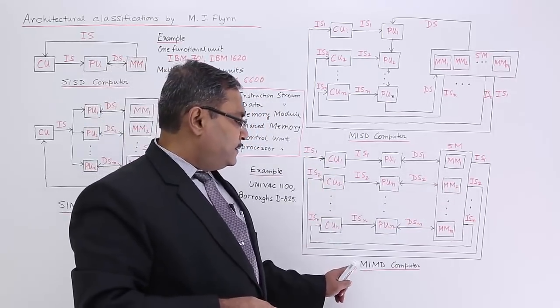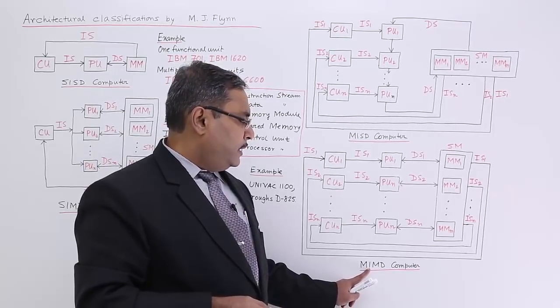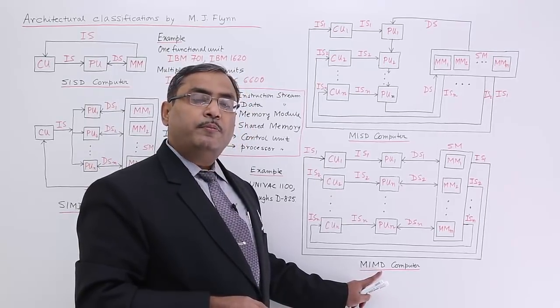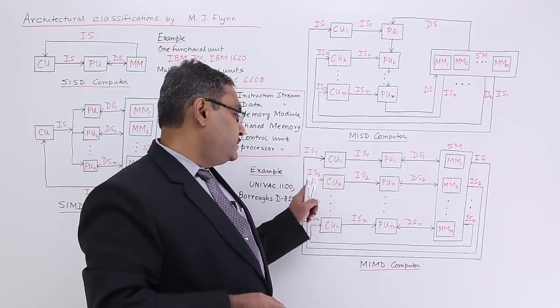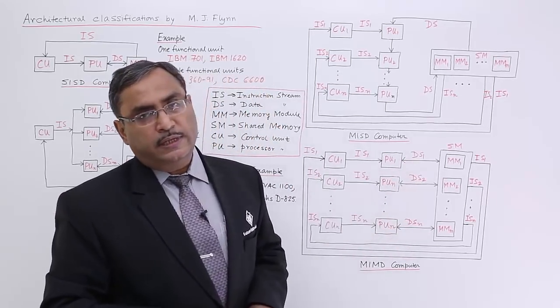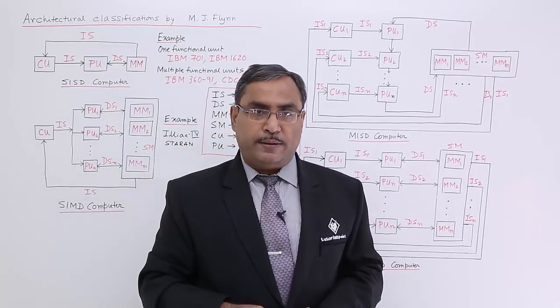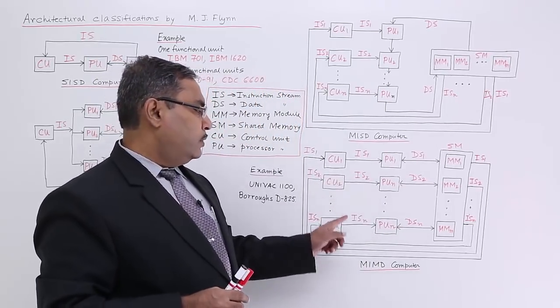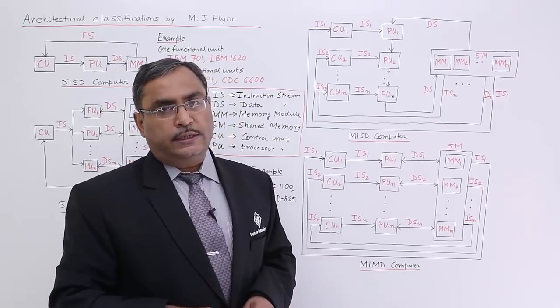So this is known as multiple instruction stream and multiple data stream computer architecture. Multiple instruction streams are there and multiple data streams are there. So that's why this particular architecture has such a name. So in this way it will work, MIMD computer architecture.